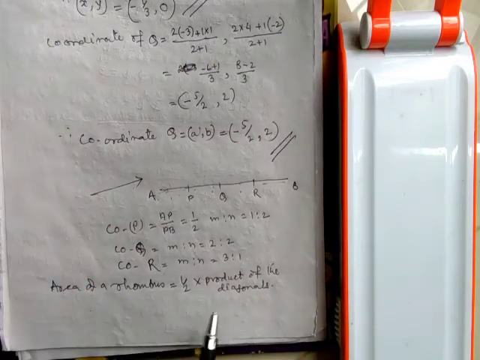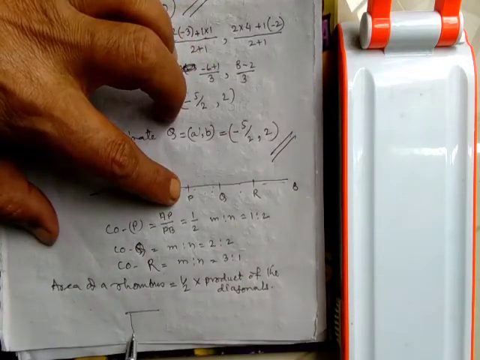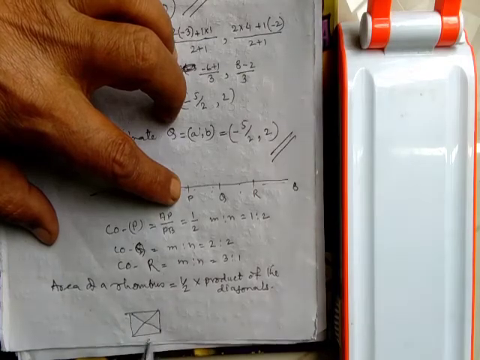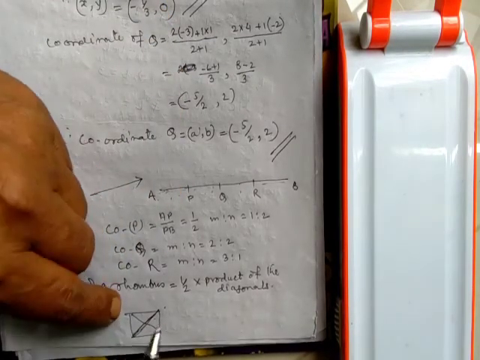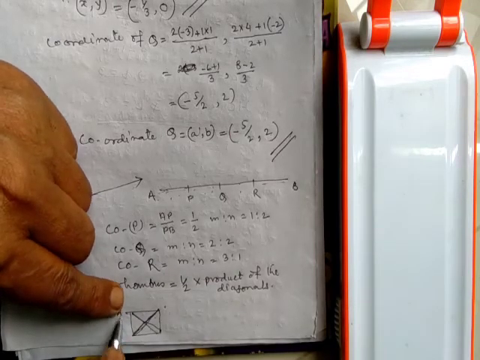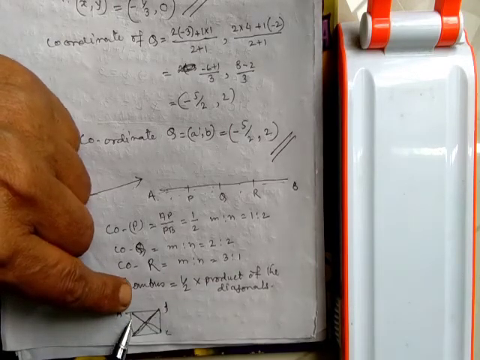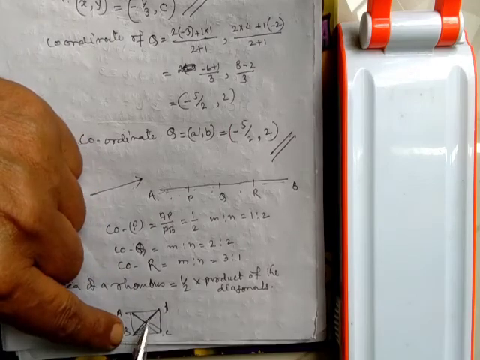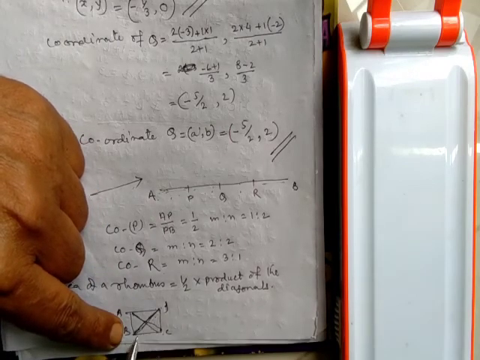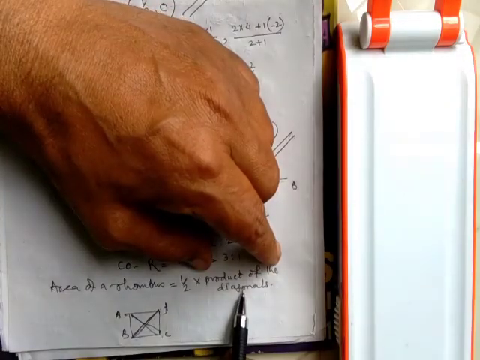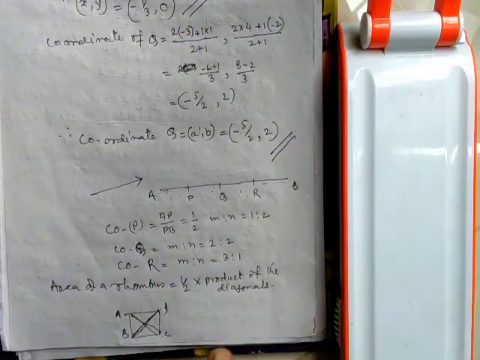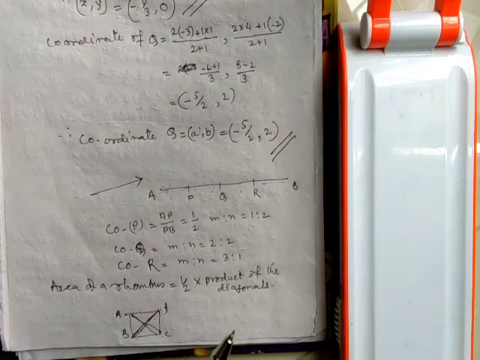That means you have to find the length of the 2 diagonals. Suppose this is a rhombus ABCD, and the coordinates are given. You have to find AC and BD using the distance formula, then put them here and multiply them, and you will get the area of the rhombus.